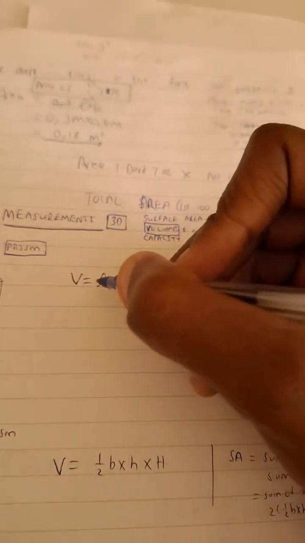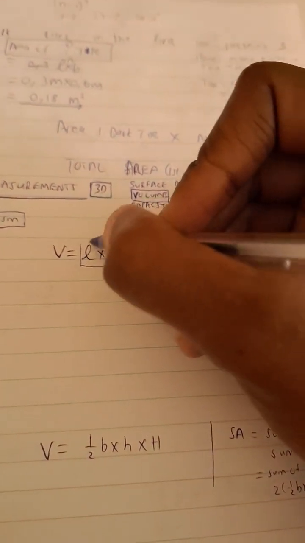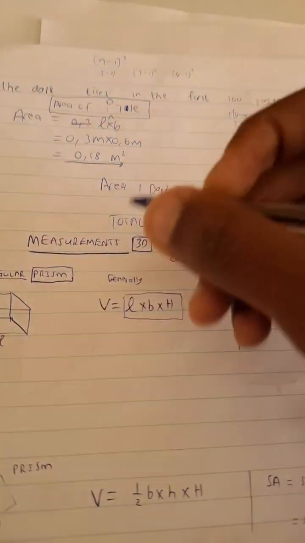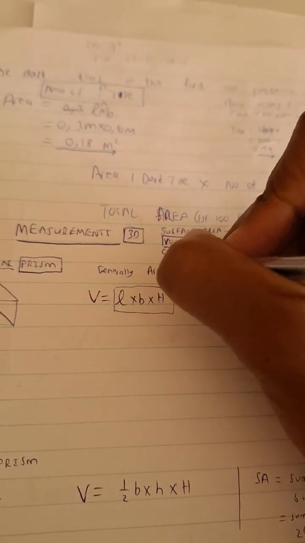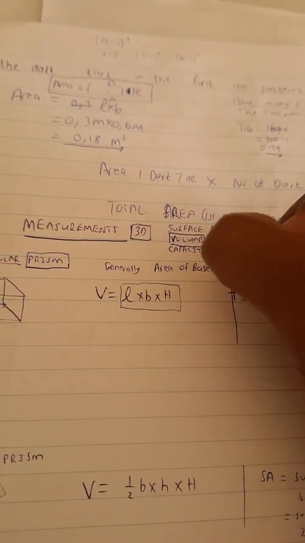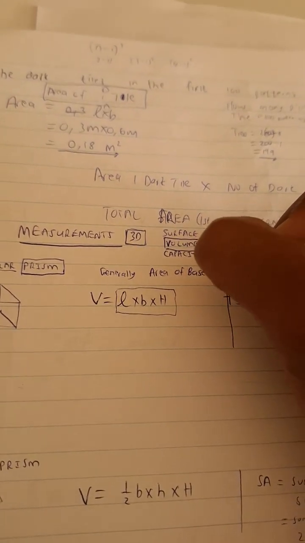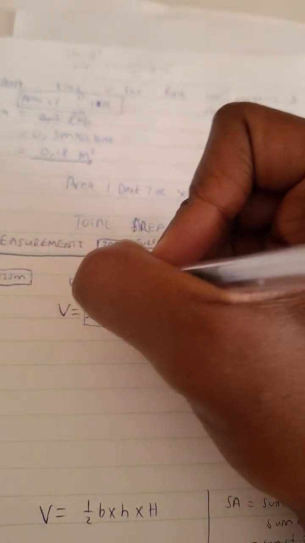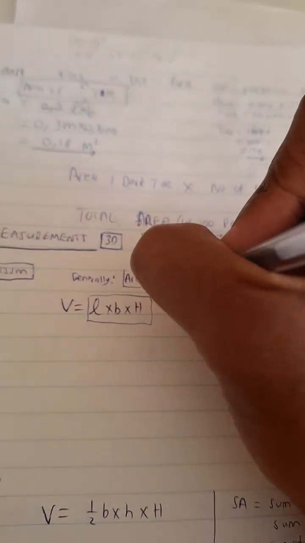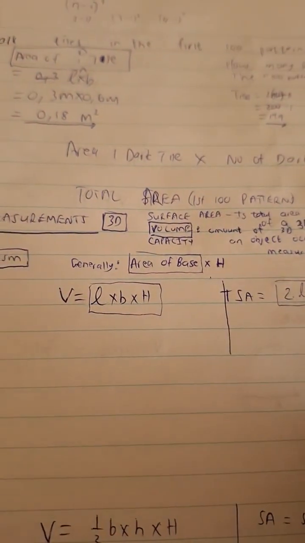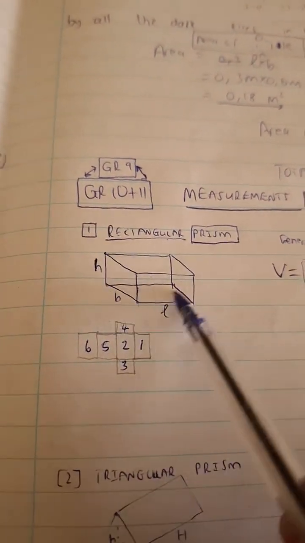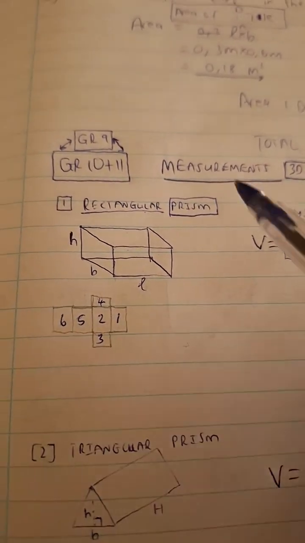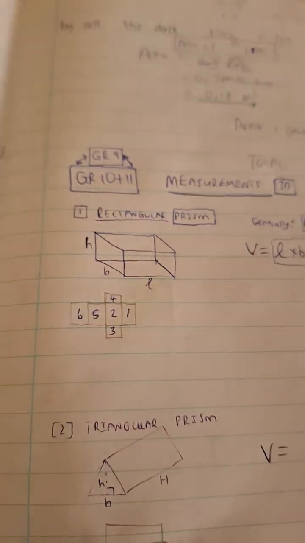When we look at the formula, generally speaking, when we calculate volume, we take the area of the base and multiply it by its height. So we ask ourselves, what is the base of this rectangular prism?